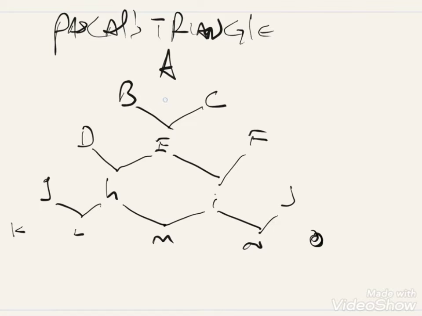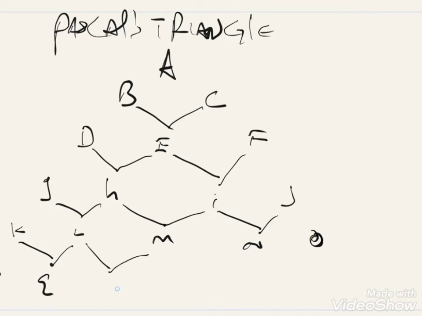So mind it is A, B, C, D, E, F, G, H, I, J, K, L, M, N, O. When I sum these two together, I have Q. Having P at the extreme of this row.